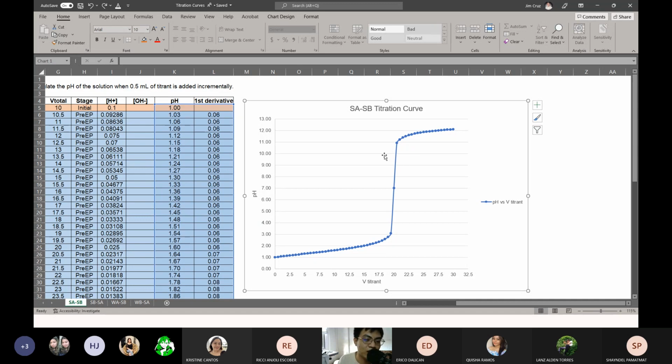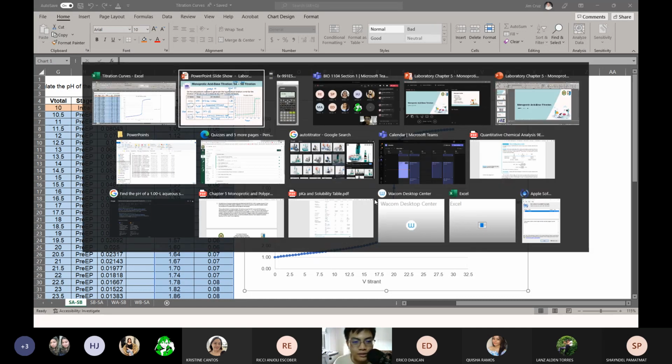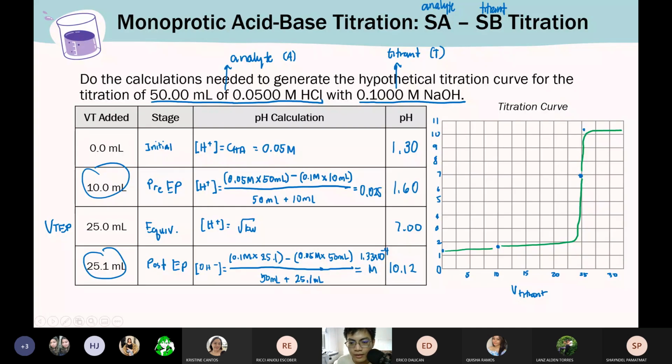Tawag natin dyan inflection point. And then, ayan, nag-plateau siya. Okay? Kaya kailangan pa letter S yung ating shape. Okay? So, hindi naman siya kailangan super ganda. Okay? That's how you do pH calculation for strong acid, strong base titration.